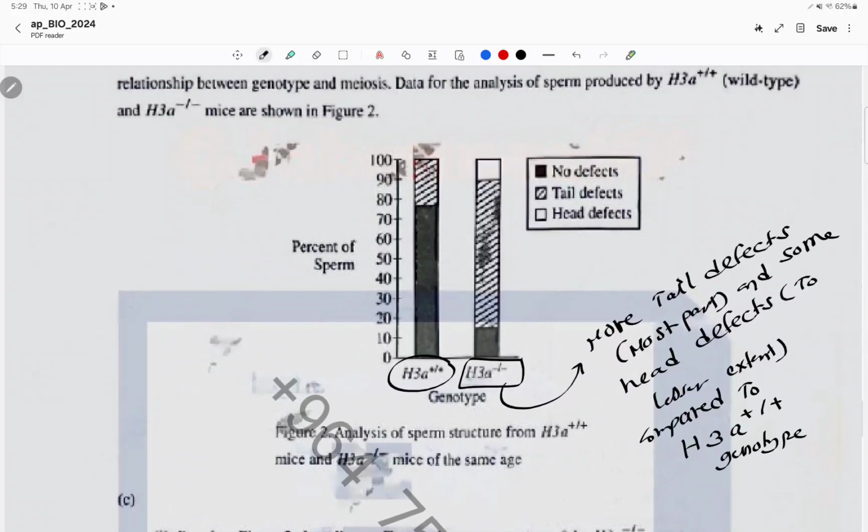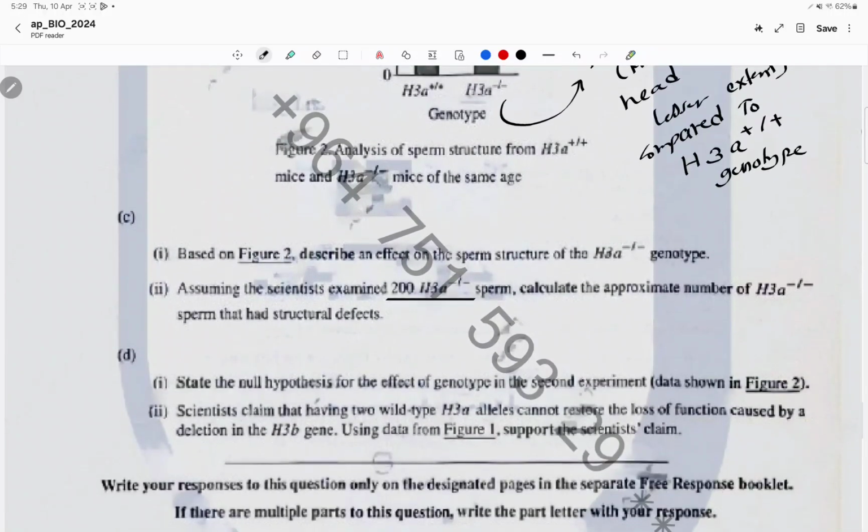So look, they are 15% no defect, right? So that means 85% is defected. So what's 85% of 200? That's going to be 170 basically.